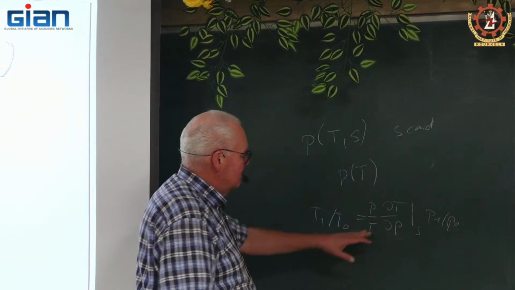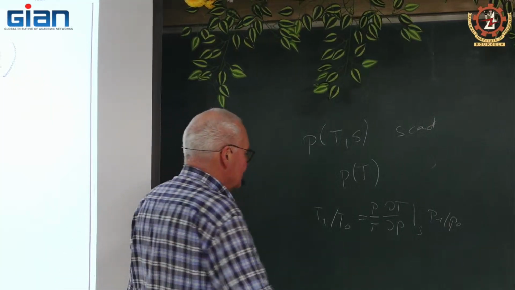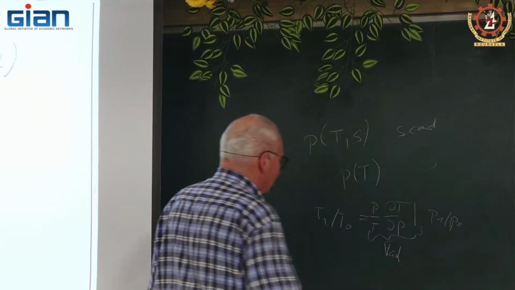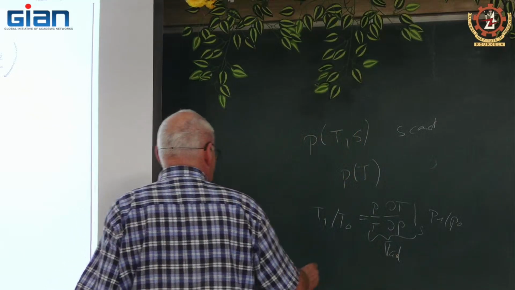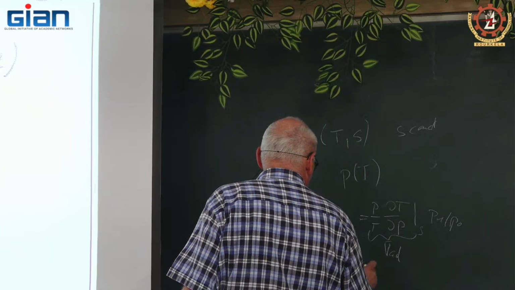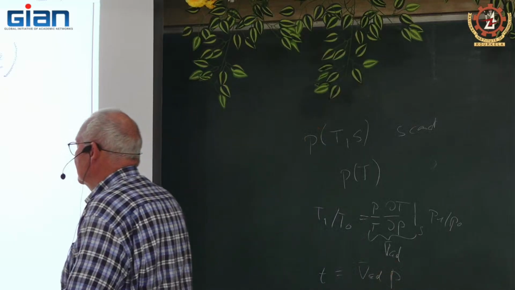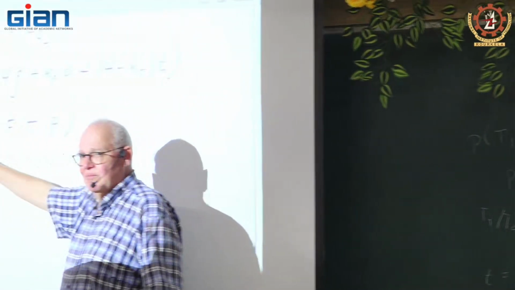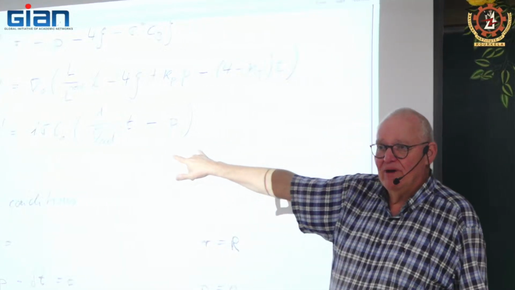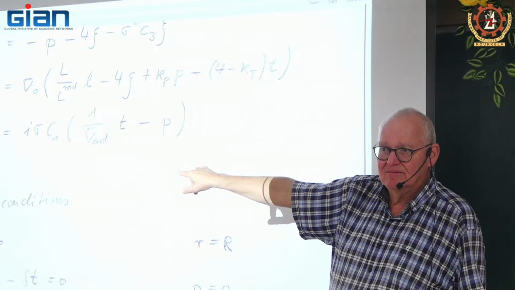This is the nabla adiabatic by definition. So in this notation, T1 is nabla adiabatic times P1, and this is exactly what is meant by this bracketed term. So if this bracketed term vanishes, we have adiabatic changes of state.